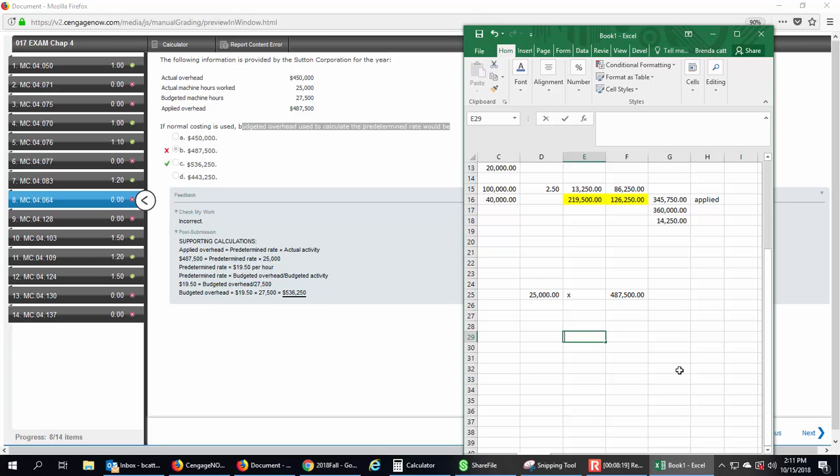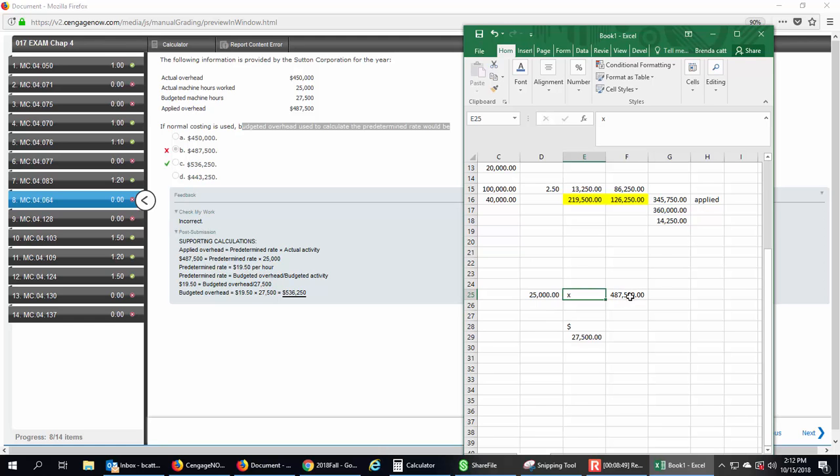Let's see, our budgeted machine hours, we took some dollar amount of overhead, divided it by, oh, and that's what they're asking us, the budgeted overhead used to calculate. Okay, so if I have these two numbers, I can figure out x, because we took this times this to get that.